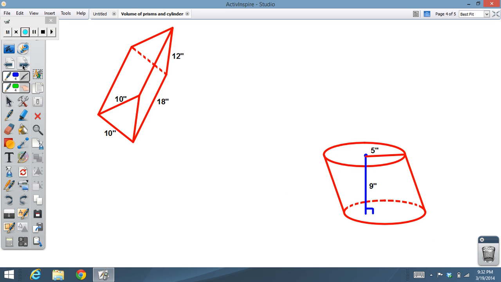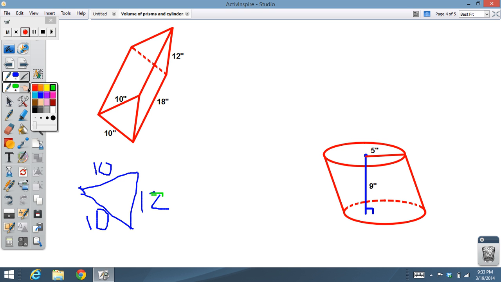Cool? So a little bit of practice here. Let's look at this triangular prism. We need to do a little bit of work to find the area of that base. I've got an isosceles triangle that's 10 by 10 by 12. So what we really need to do is figure out that height.